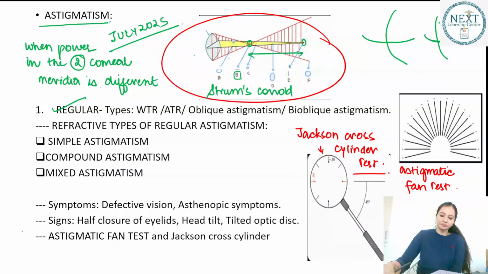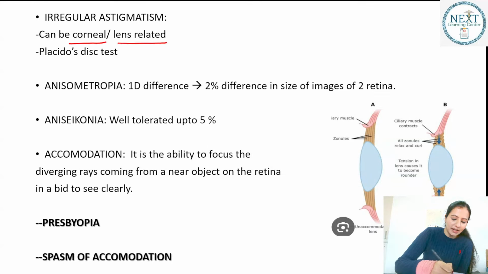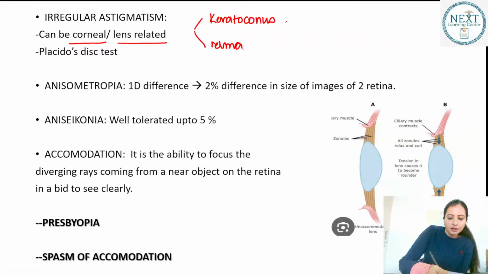Okay. Now irregular astigmatism, that was regular. Irregular can be because of cornea or the lens, as in it can occur in patients of keratoconus, or it can occur in patients of retinal scarring.